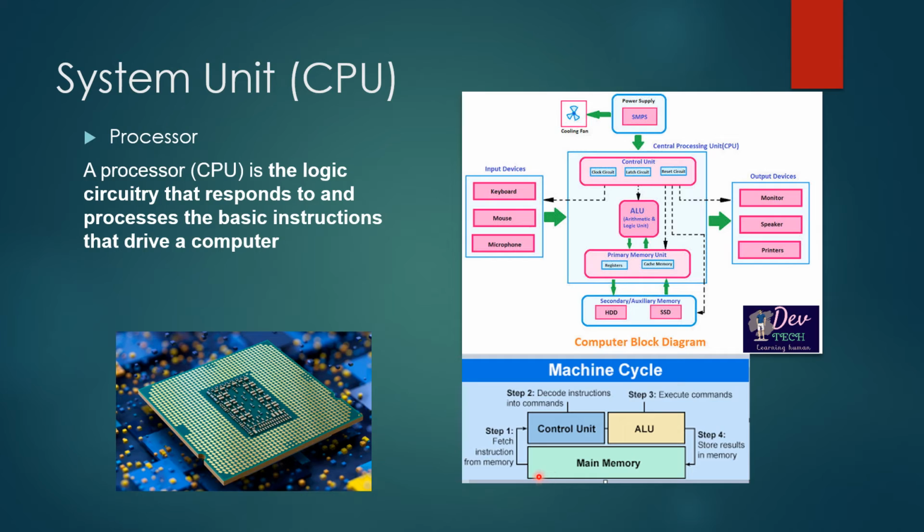Generally, if I'm going to fetch any information in the output, what is the basic mechanism taking place in the machine cycle? Let me demonstrate. The control unit would fetch that instruction from the memory. Then it would decode that instruction into a command to be understood by the arithmetic and logical unit. The decoded information would be executed in the form of a command.